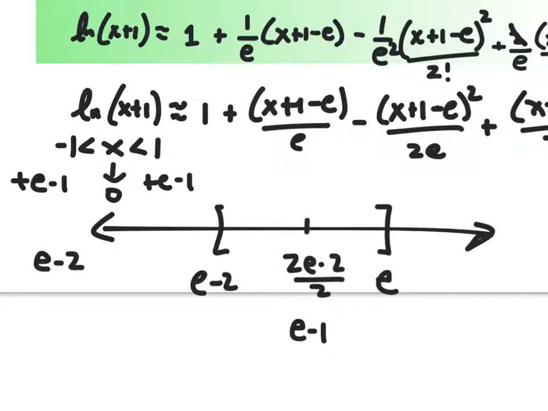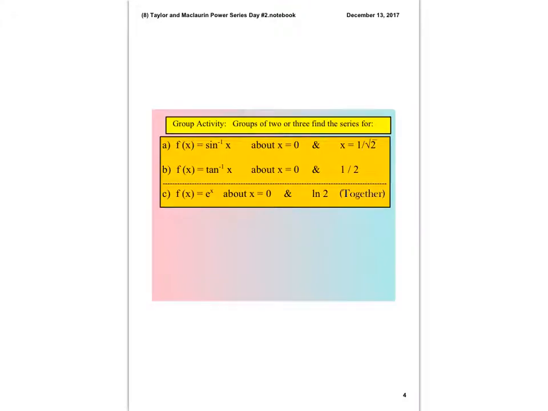So if I wanted to approximate values of the natural log in this range of values, I would be okay to do so because it's convergent in that interval. Now that's a funky example, but it kind of clears up some of the mystery of Taylor polynomials. All right, folks, let's move on and do one more here.